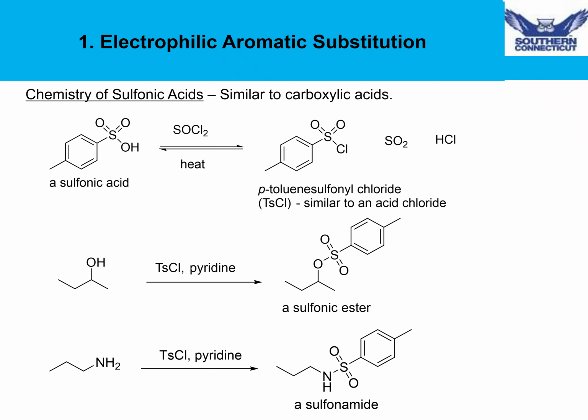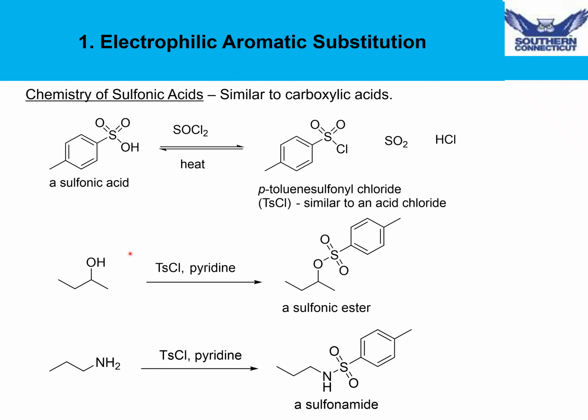The chemistry of sulfonic acids is very similar to carboxylic acids. For example, if we react para-toluene sulfonic acid with thionyl chloride, we can replace the OH group with a chloride and form para-toluene sulfonic chloride, or tosyl chloride. This will behave very similar to an acid chloride.